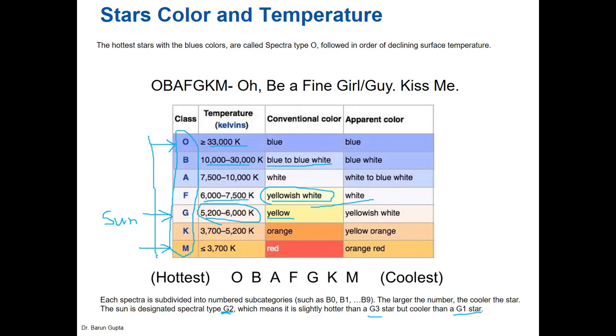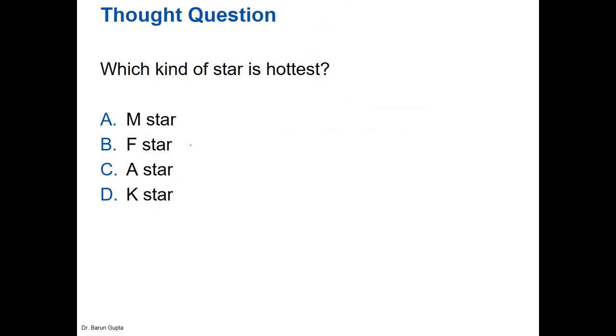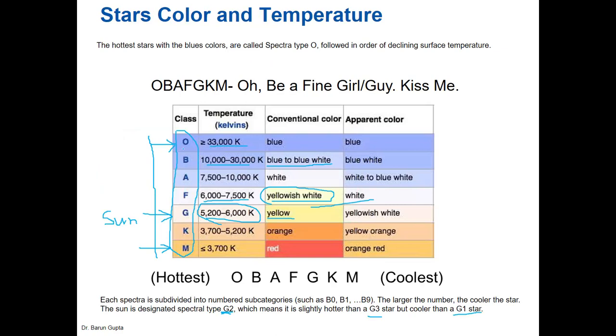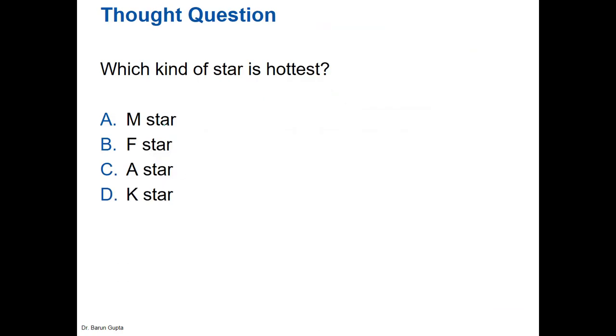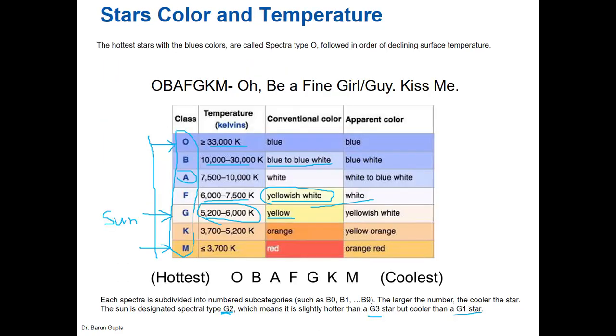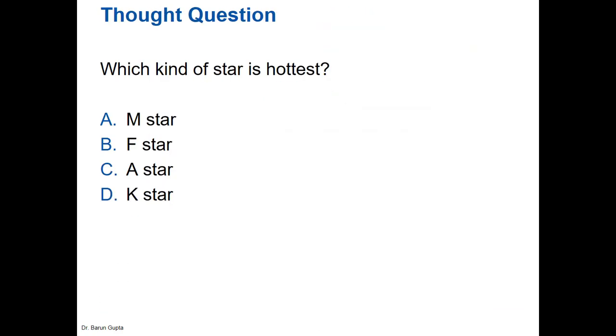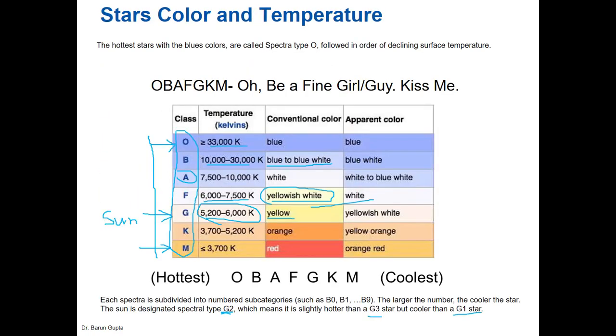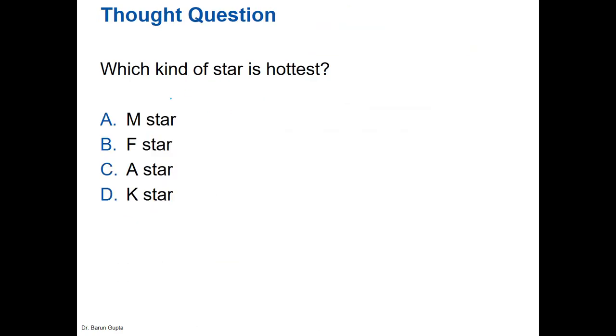O is the hottest here, but you don't have O. You have M, F, A, and K. So look, the A is the hottest star among these. The M is the cooler, F is even cooler than A, so A is the hottest among these stars.